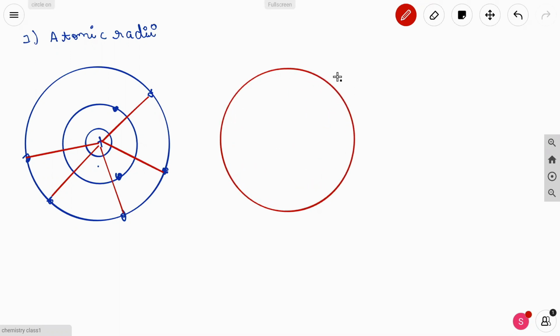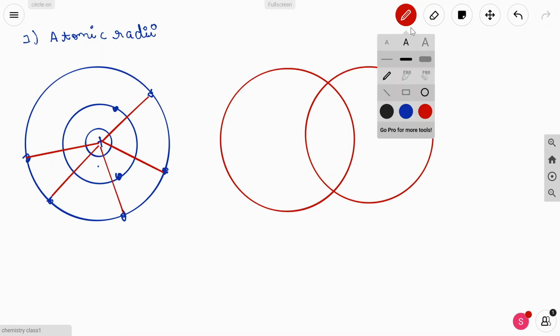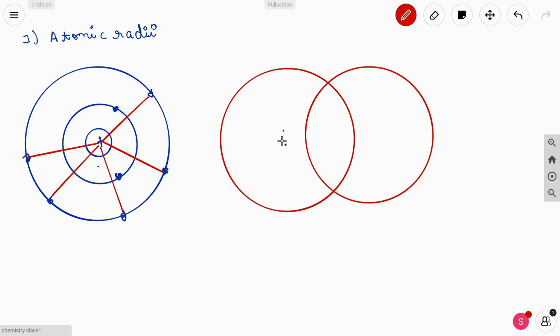For example, if two atoms are bonded covalently, let's say these are their nuclei, and they have other shells too, but we're not considering them right now.